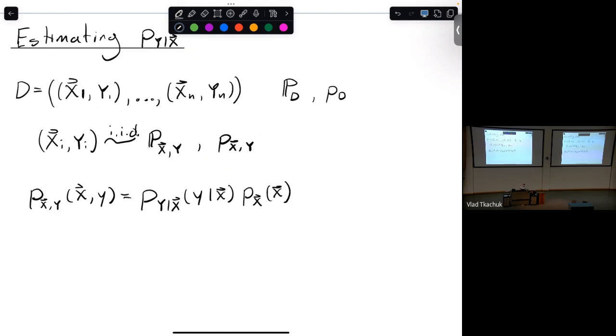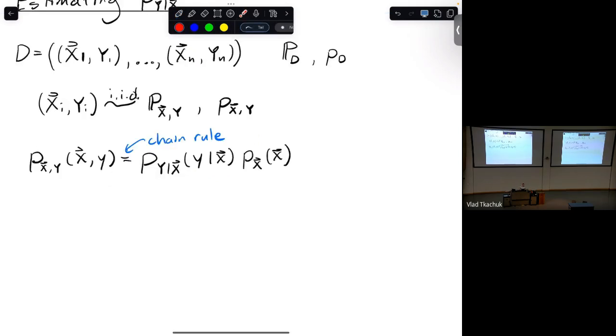That's the chain rule of probabilities. And that's going to help us estimate this, because we're going to try to do this MLE procedure to estimate this quantity, and we're going to see that we can decompose it as follows.